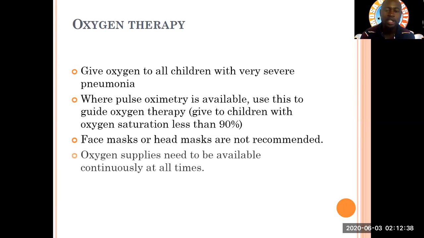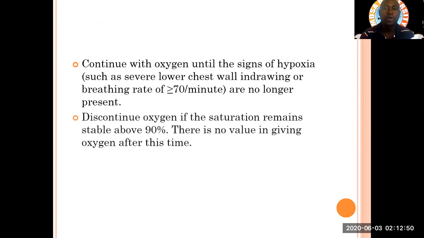One thing that is important that you should know is that face masks or head masks are not recommended in this very severe pneumonia. Okay? So you continue with oxygen until all signs of hypoxia, such as severe lower chest indrawing, are gone. When you are giving oxygen therapy, ensure that all these signs of hypoxia, things like chest indrawing, and a respiration rate of greater than or equal to 70 per minute, are not present.